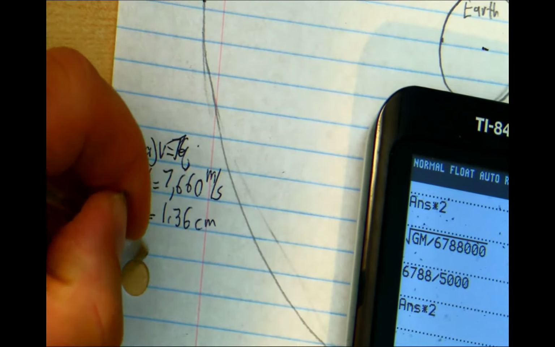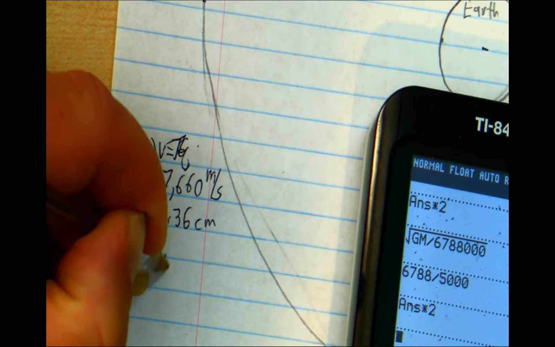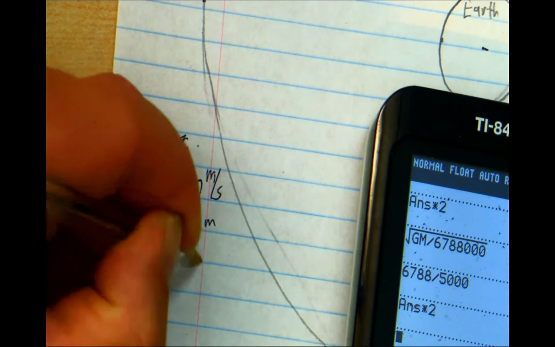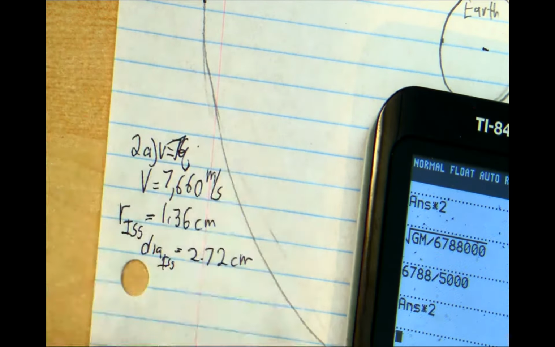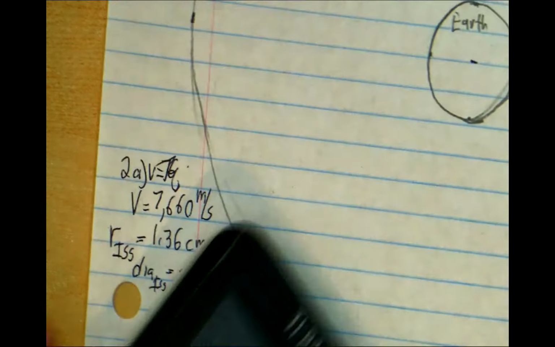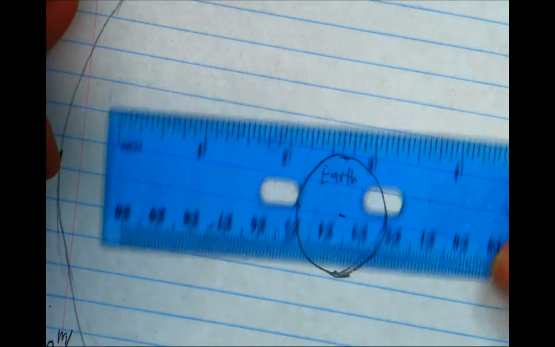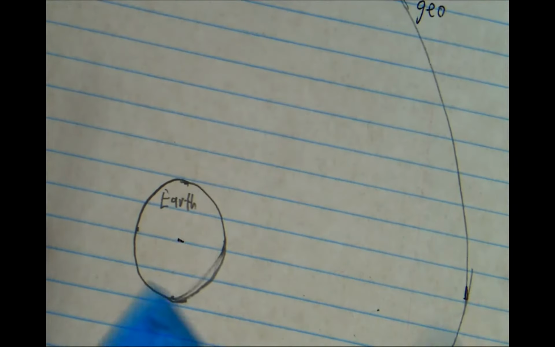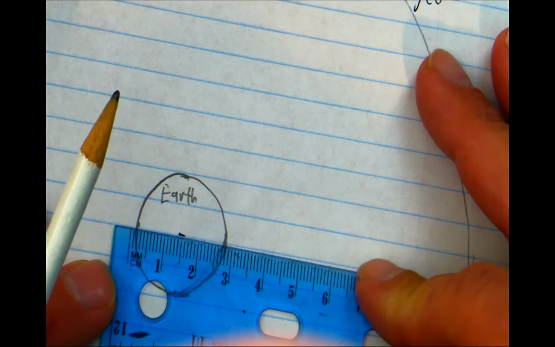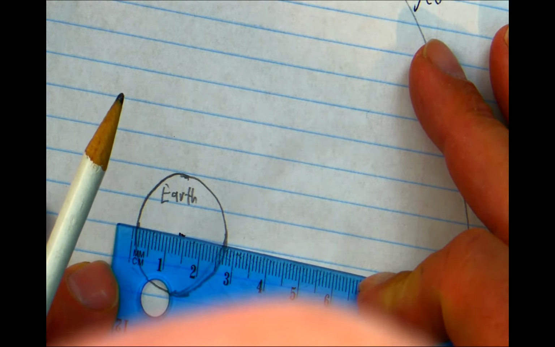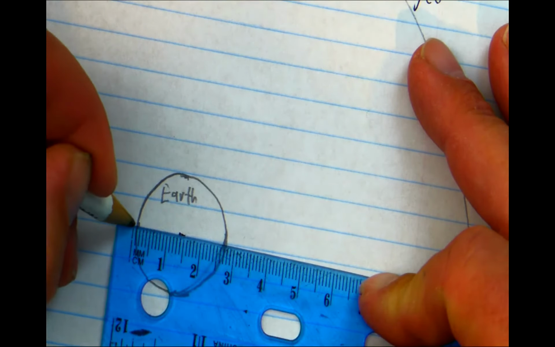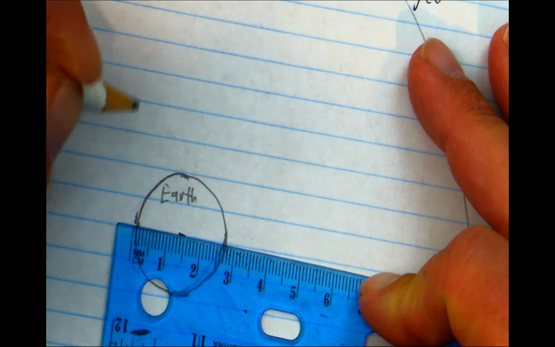Doubling that means the diameter should be 2.72 centimeters. And you can't really be that precise when you're drawing it the way I am, right? So 1.36 centimeters makes it about like that.